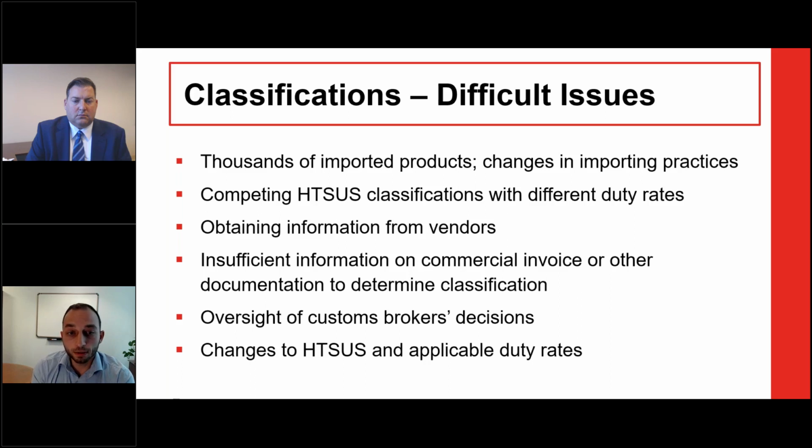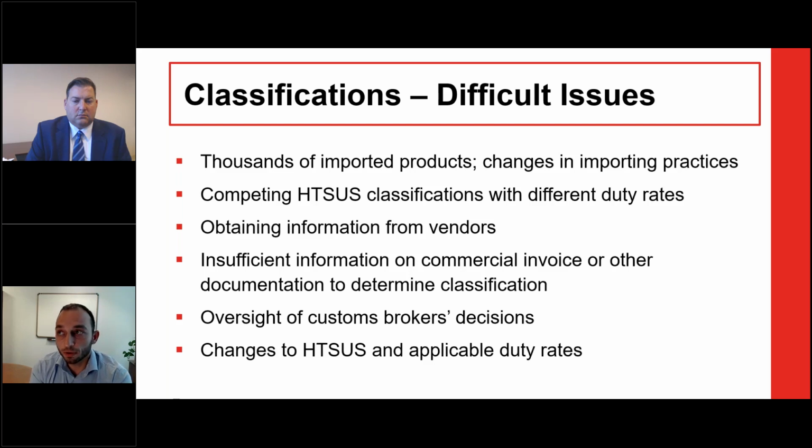And then most of the time, it may be hard to obtain information from vendors, or the information on the commercial invoices may not be sufficient to provide any insight as to the classification of the product.